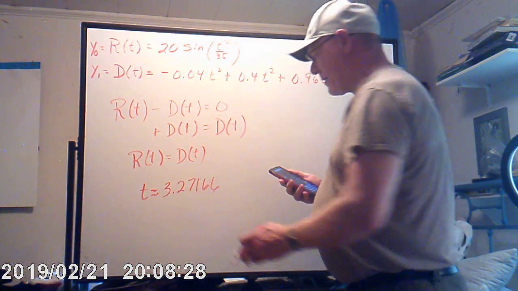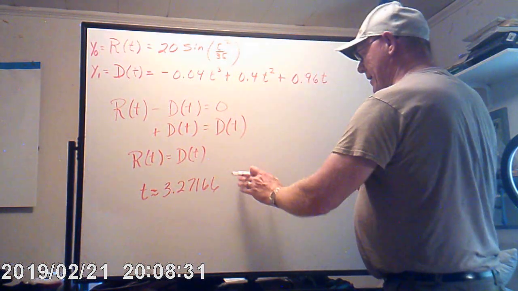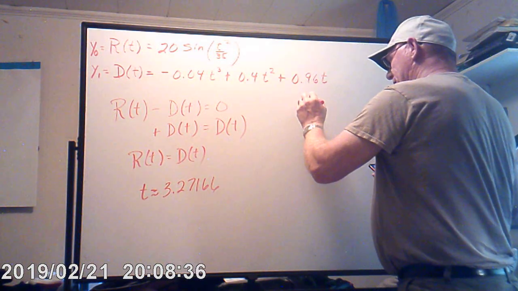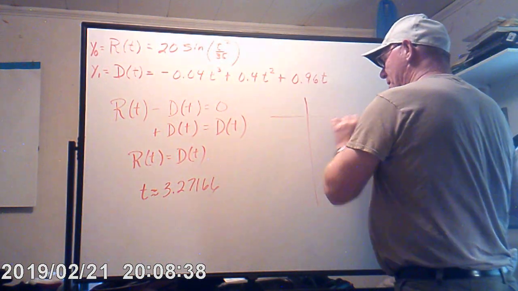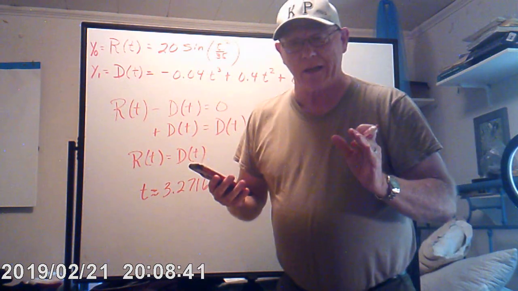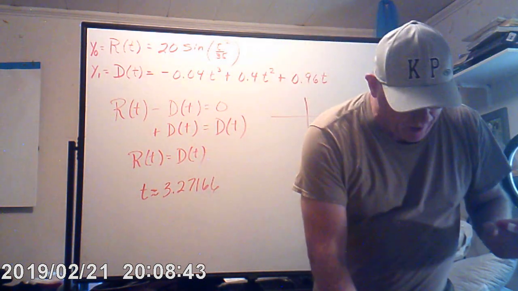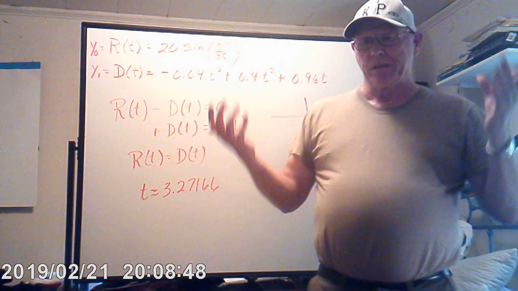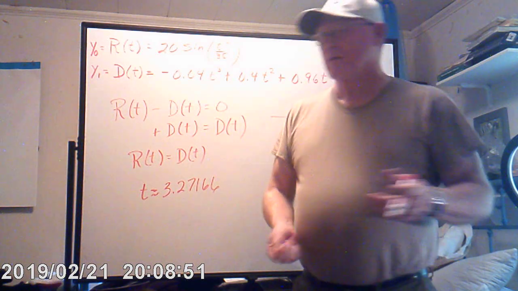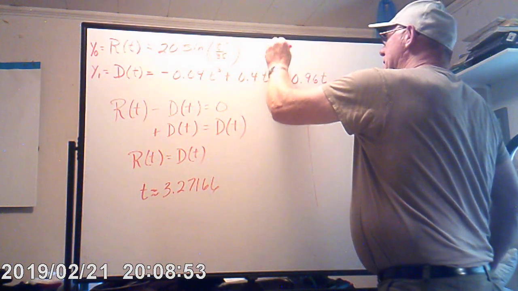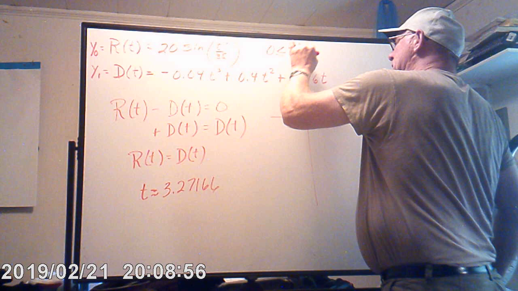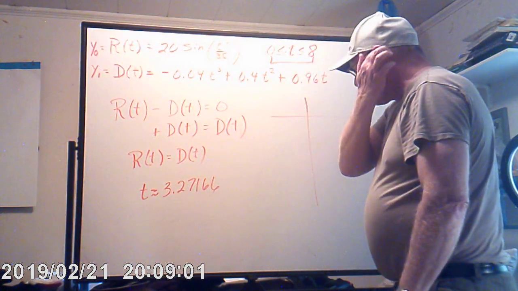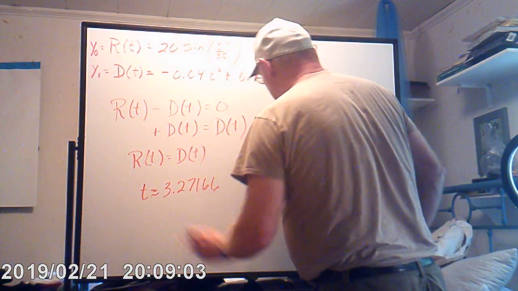And so that is t. Now, what you're interested in, you've got to remember, when you are doing a problem like this and you're finding a maximum or a minimum, what you're looking for is an absolute maximum or an absolute minimum on the interval. In this case, t is between 0 and 8. So we're looking at the two endpoints, and we're looking at this one.